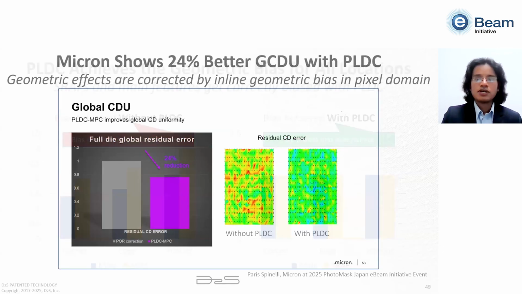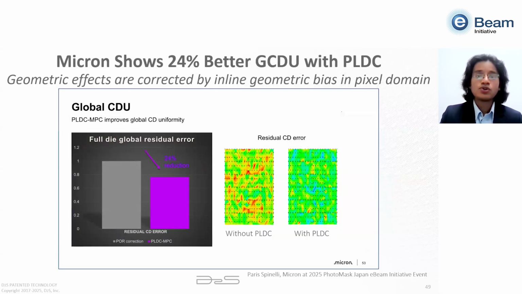This is because it's doing geometric bias in the pixel domain. And Micron shows a 24% better GCDU when using PLDC. Here again, because the geometric effects are corrected inline by geometric bias in the pixel domain, it has better dose margin based correction, and it has better GCDU.